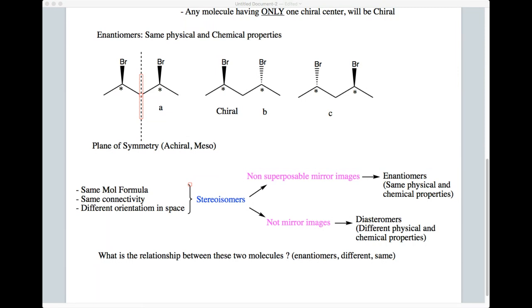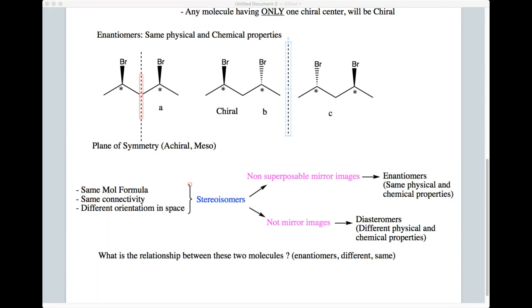Guys, if you put a mirror here, what's the relationship between B and C? You can type it in the chat.